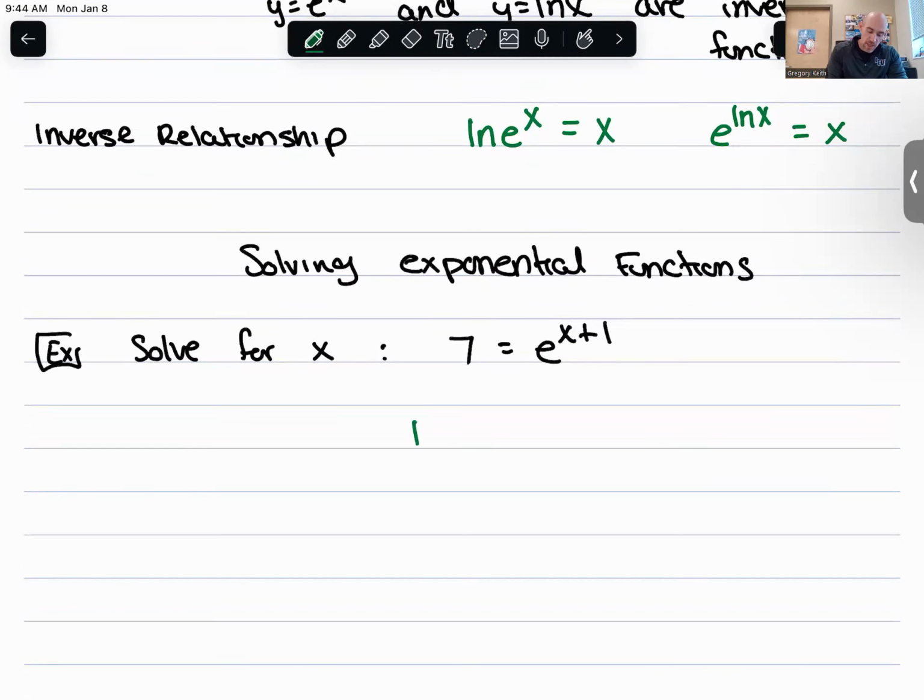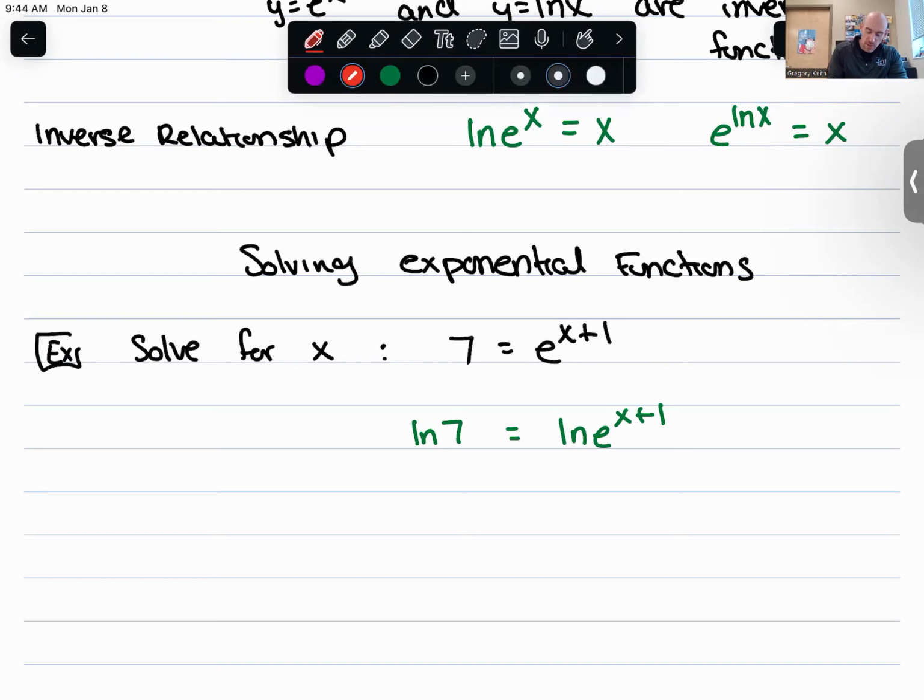So we're going to natural log the 7, and we're going to natural log the e to the x plus 1. And we know from our inverse relationship that natural log and e cancel out. That's going to leave us with just natural log of 7 equals x plus 1.